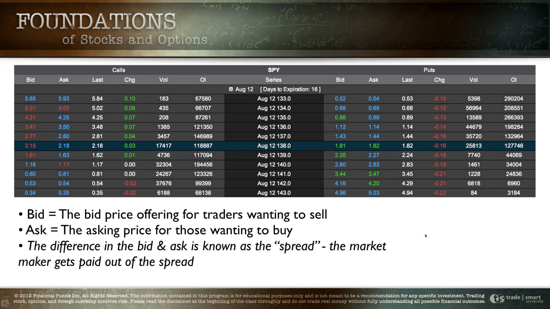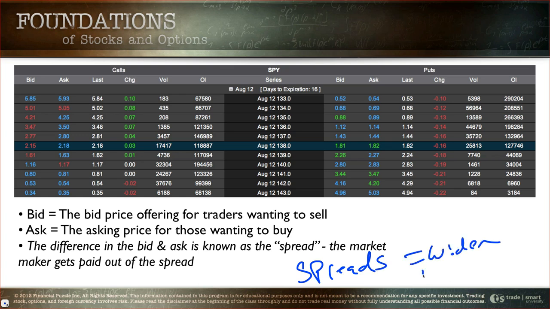Also, one of the things you're going to find with these spreads, just as an FYI, is that the spreads will widen with more volatility.